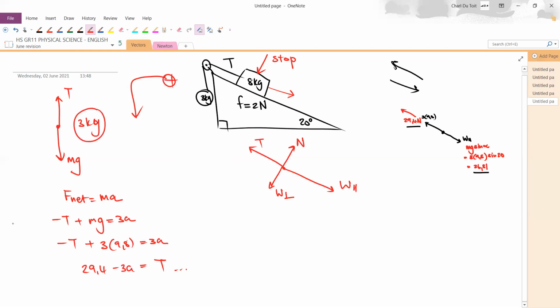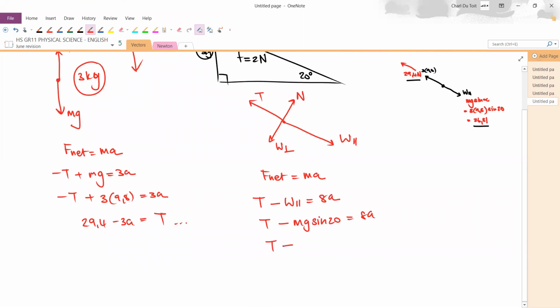Then for the 8 kg, we have F net equals MA. We have positive tension minus the weight parallel component is 8A. Tension minus mg sin 20 is 8A. We did work that out. So I'm just going to make tension the subject.